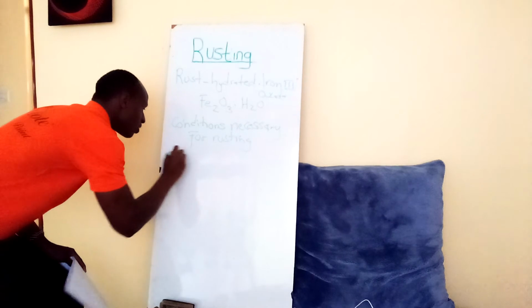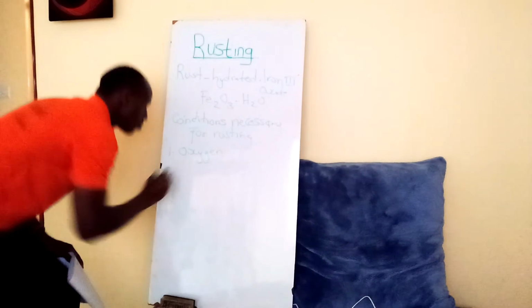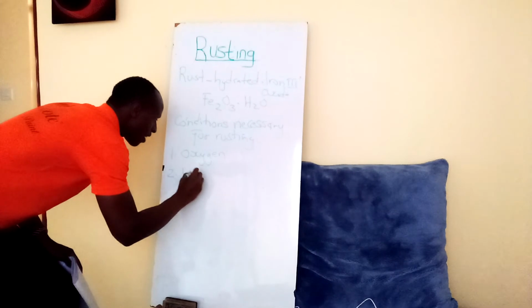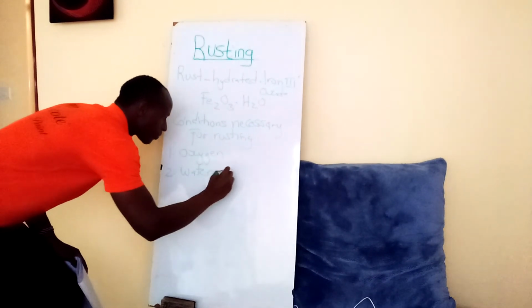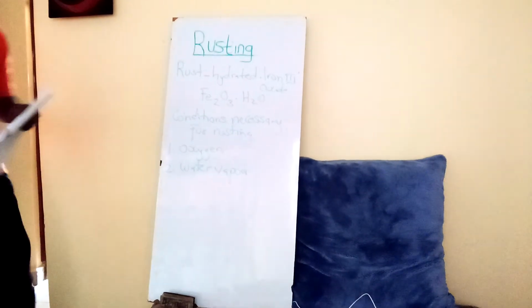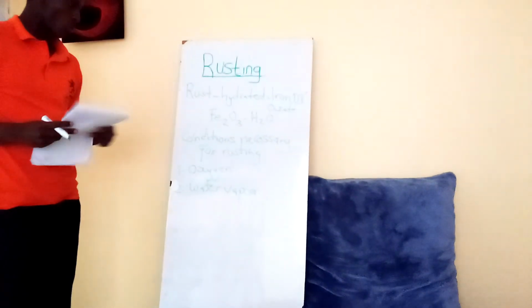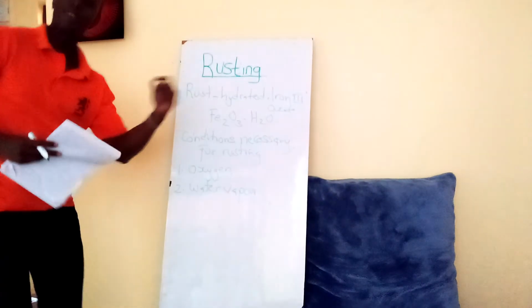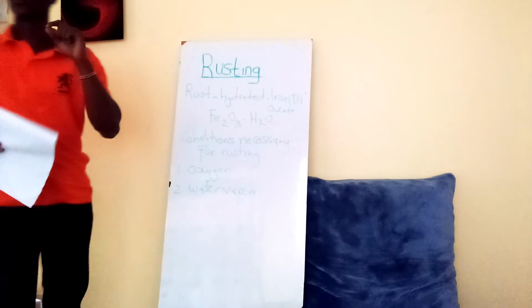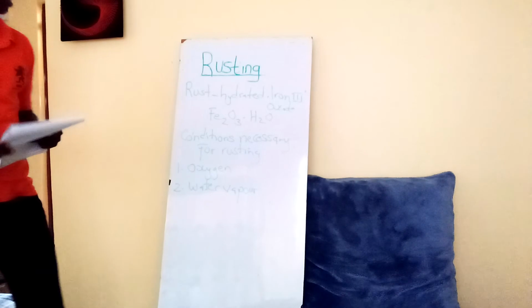So the first one is oxygen, and 2 is water vapor. Those are the 2 conditions necessary for rusting. So for a metal or iron to rust, it means there was presence of water vapor and there was presence of oxygen.